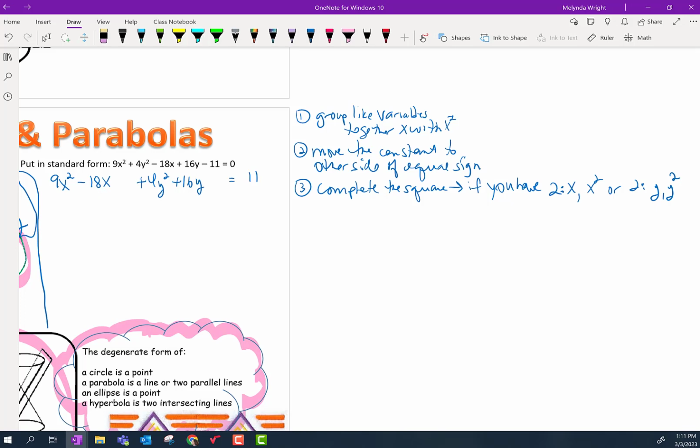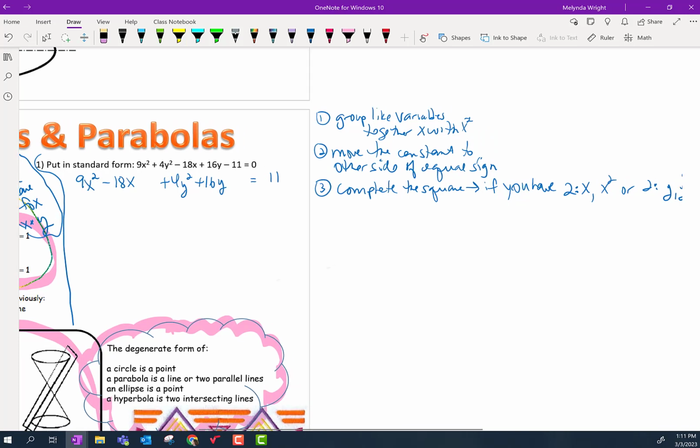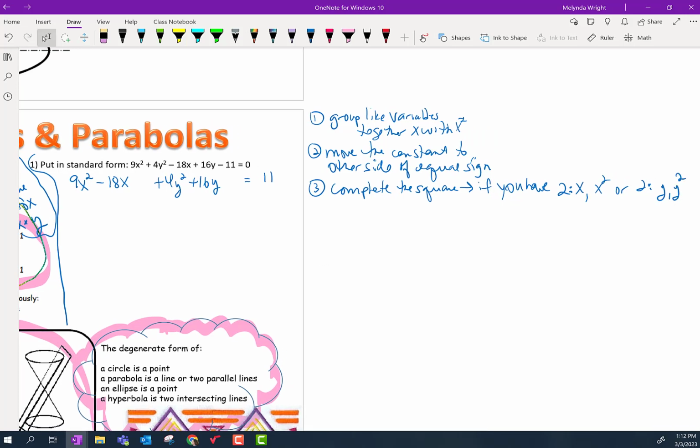Okay, so completing the square, that's a whole process in itself. We learned it last year. Perhaps you can look at your notes from last year on completing the square. I'll remind you, just little bullet points.